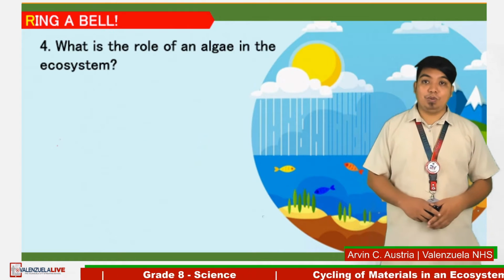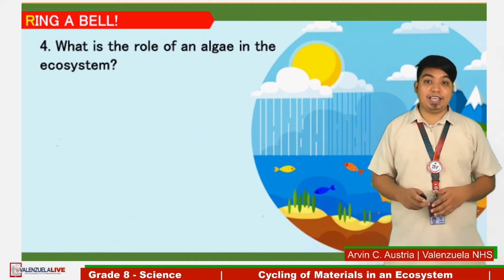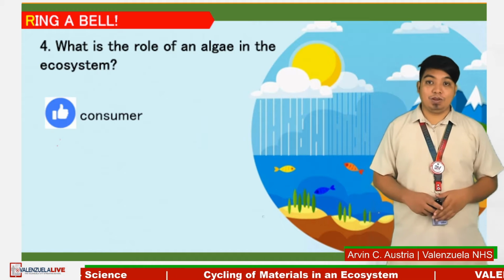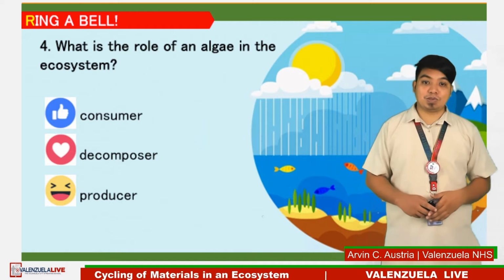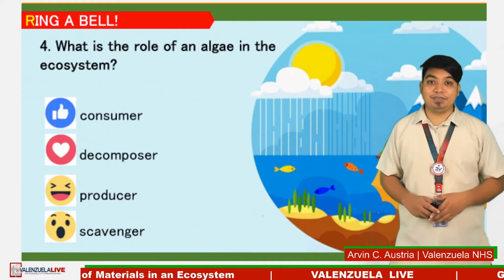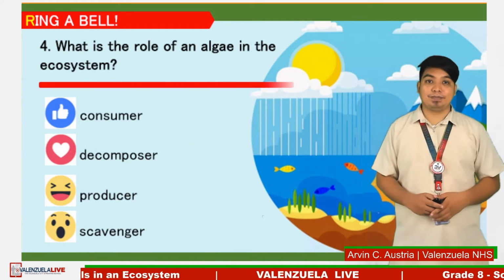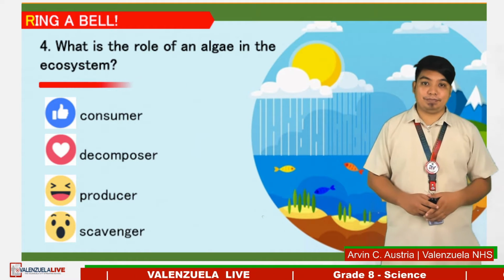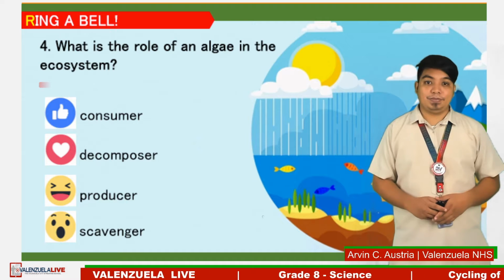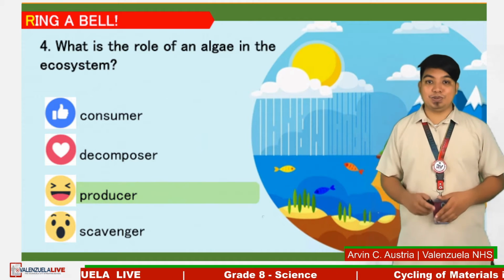Question number 4. What is the role of an algae in the ecosystem? Consumer, decomposer, producer, scavenger? 5 seconds. The correct answer is producer.